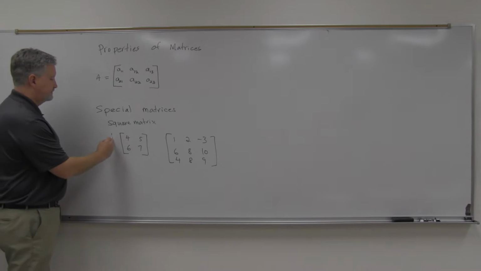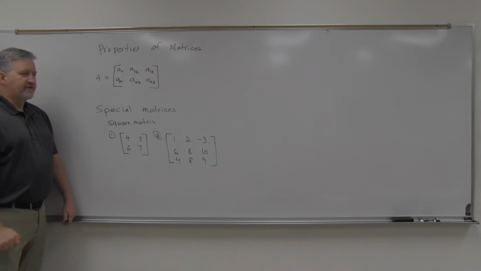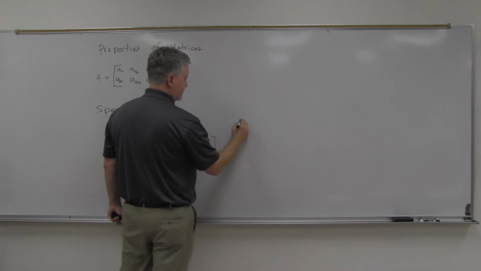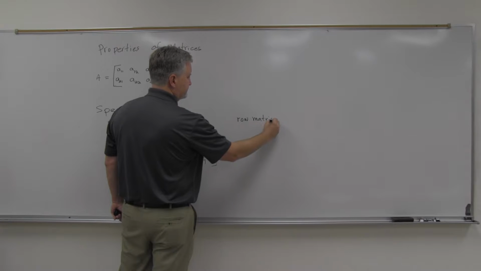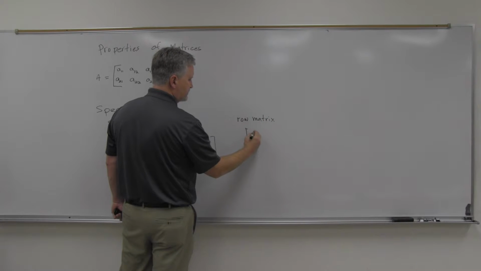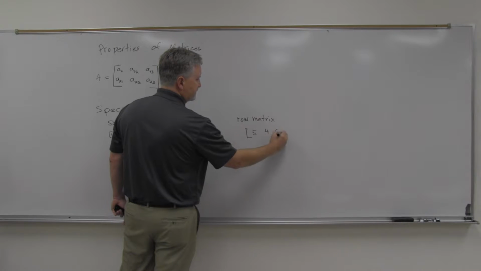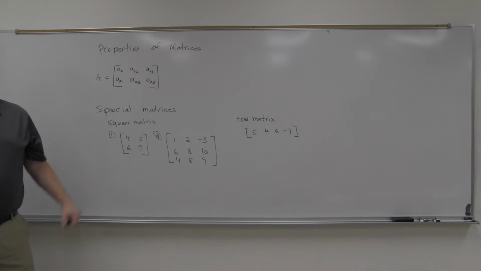Those are fairly obvious, I think. But there's also, if you just have a one row matrix, that is called a row matrix, where it's just one row. However many columns you want, but a row matrix just means you have a single row.